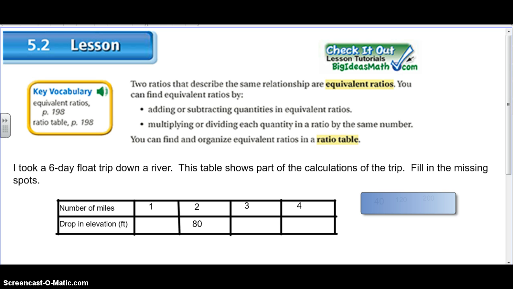Just for a warm-up, I have a problem written in here. I would like you to read it, fill out the ratio table, work without your partner, and then when you're done, compare the answers that you get with your partner, talk about the strategies that each of you used to figure it out, and then check back in for the correct answers.